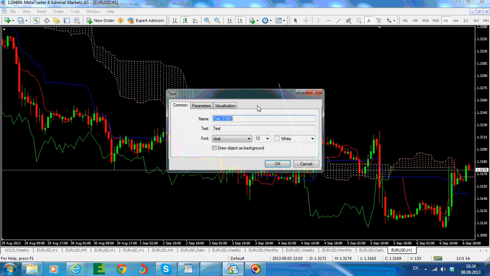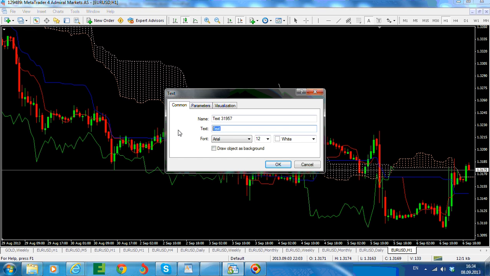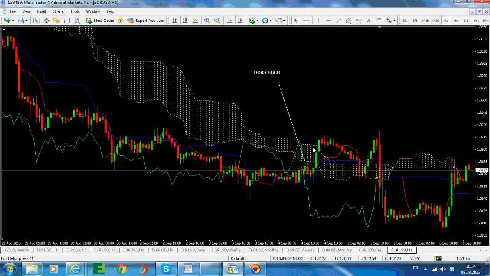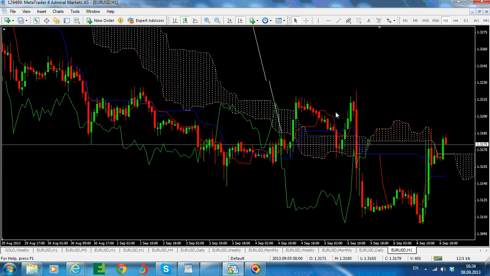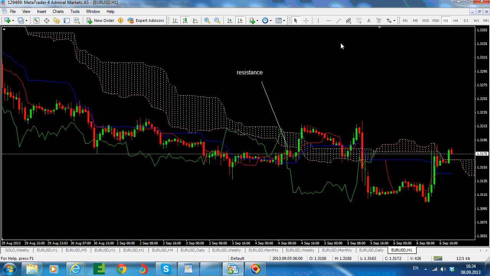Let's just write it, because by the time we discuss, you will just have the visible parts of our discussion on the screen. So, resistance here. And of course it should offer support when price is testing the cloud from the upside. Here price is breaking above the cloud, and by the time price is testing the cloud, in this instance it is offering support.